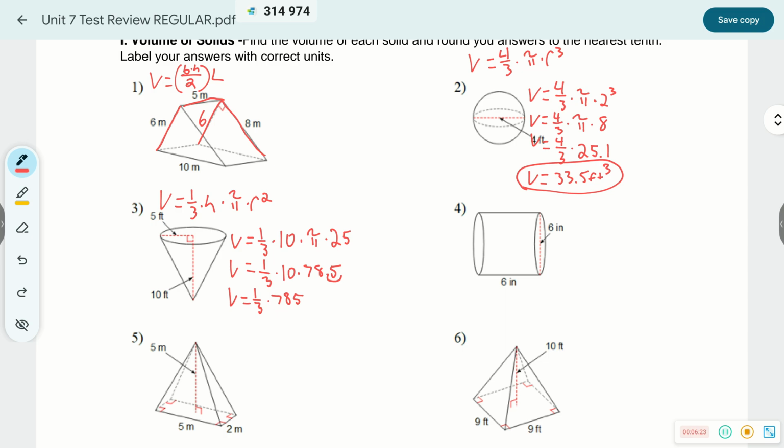Somebody divide 785 by 3 for me, which is 1/3. What is 1/3 of 785? 261.8 feet cubed.